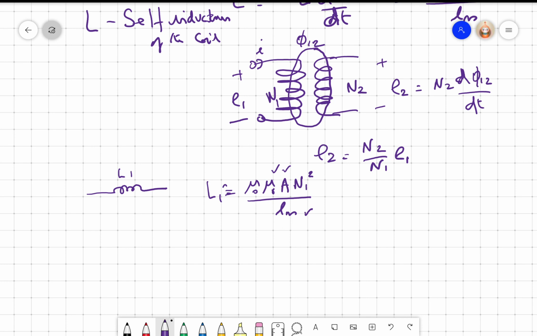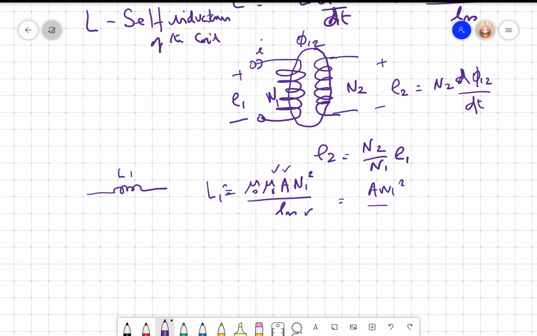In this, A is normally not popular because changing the area is quite difficult, right? Again, changing the number of turns is also not very nice, right? On the other hand, Lm can be changed, and we can easily use that.